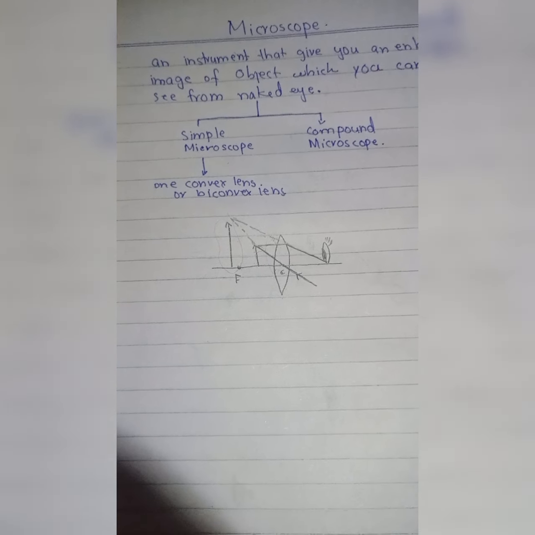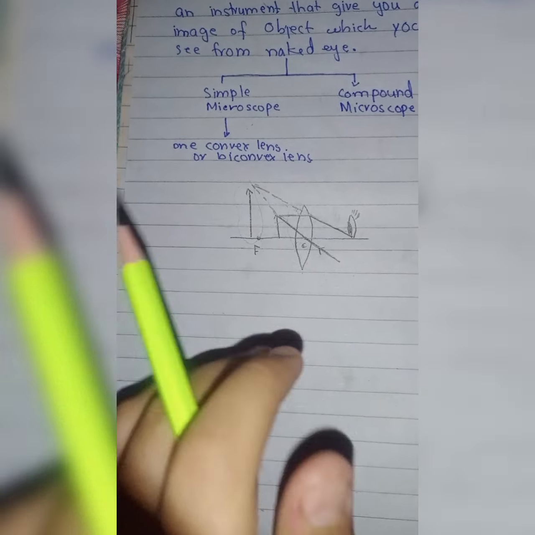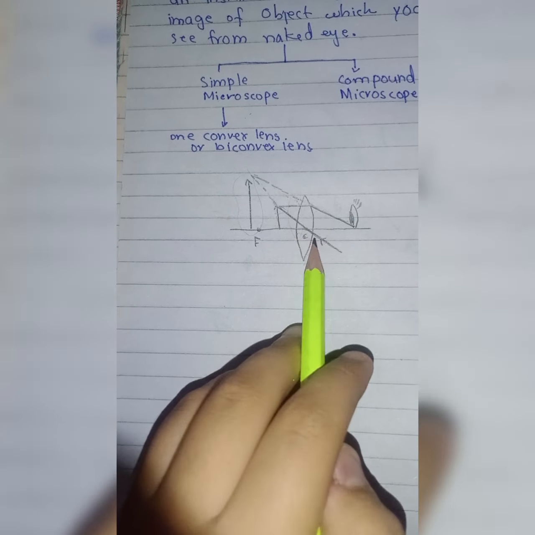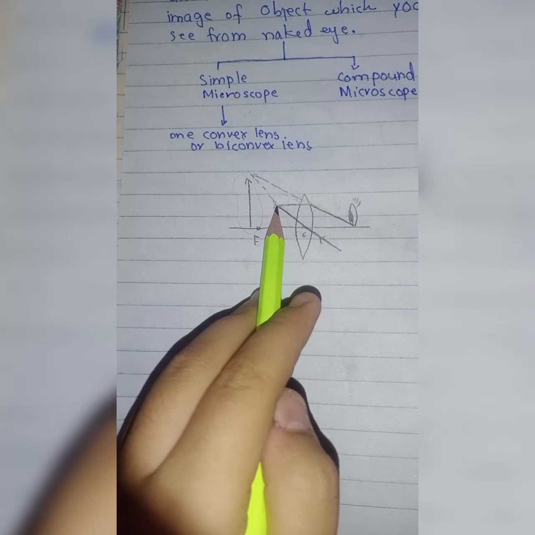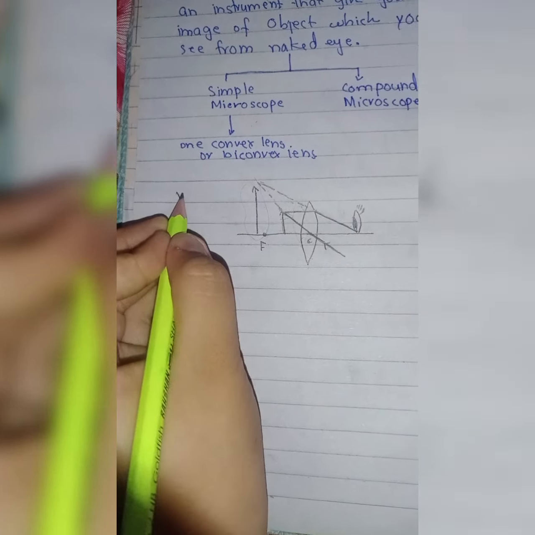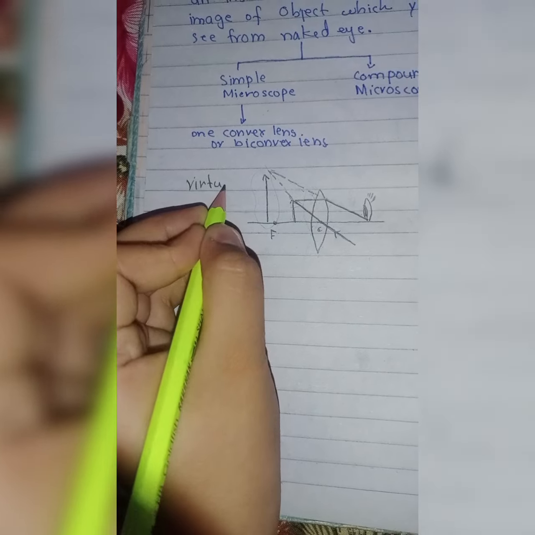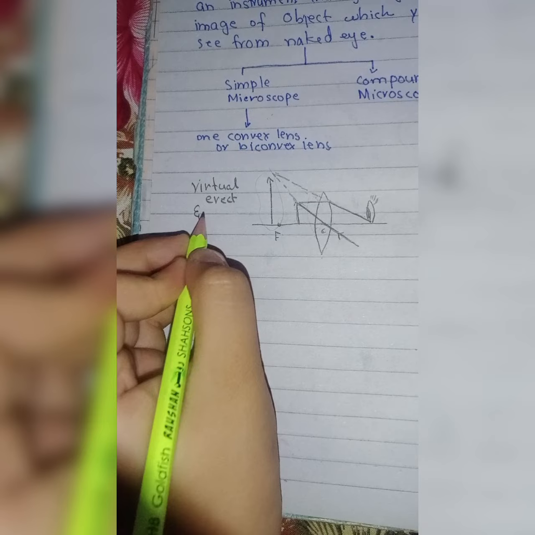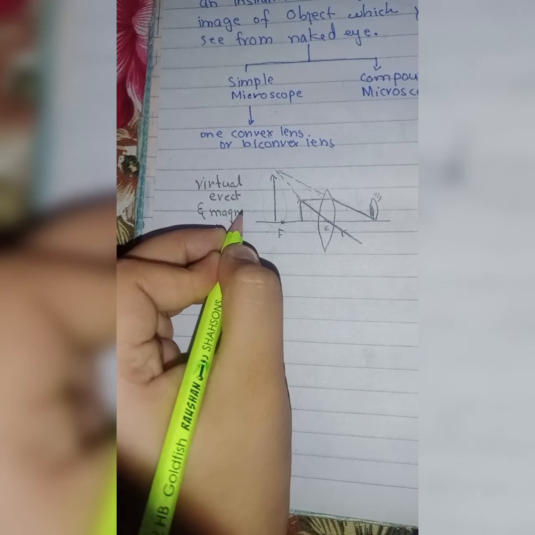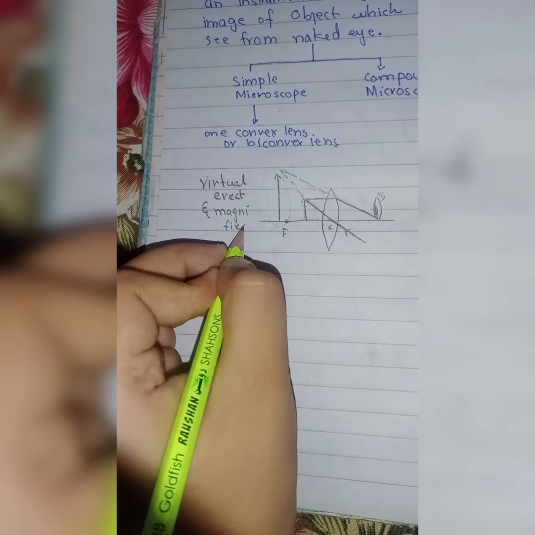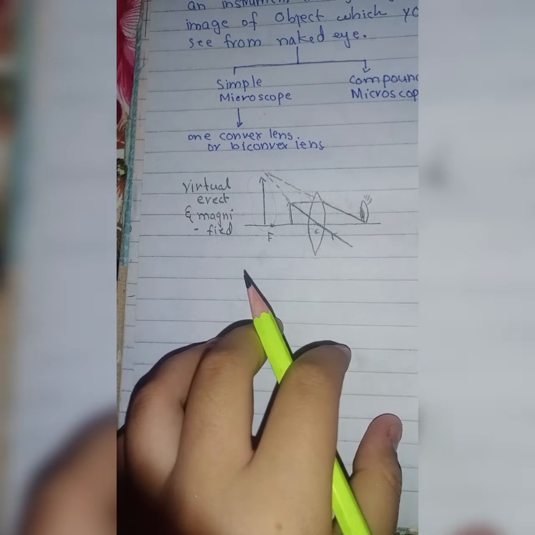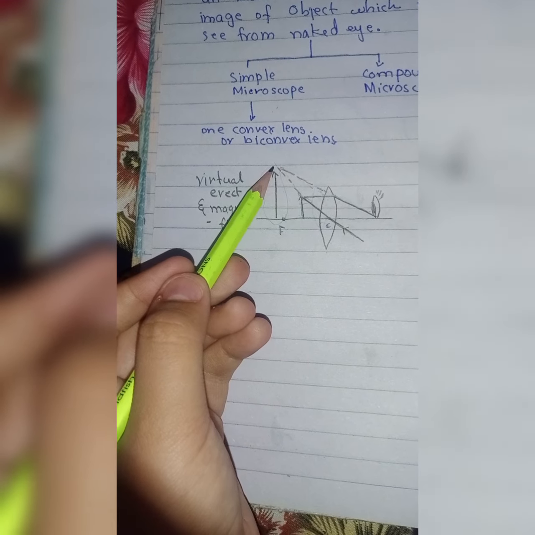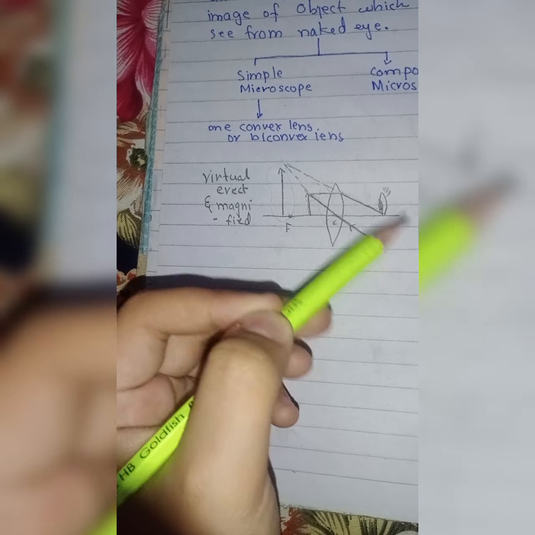Okay, so when the object is placed between the focal point and the lens, the image will always be virtual, erect, and magnified. You can see here the lines do not meet at this point, and for image formation the lines must meet.